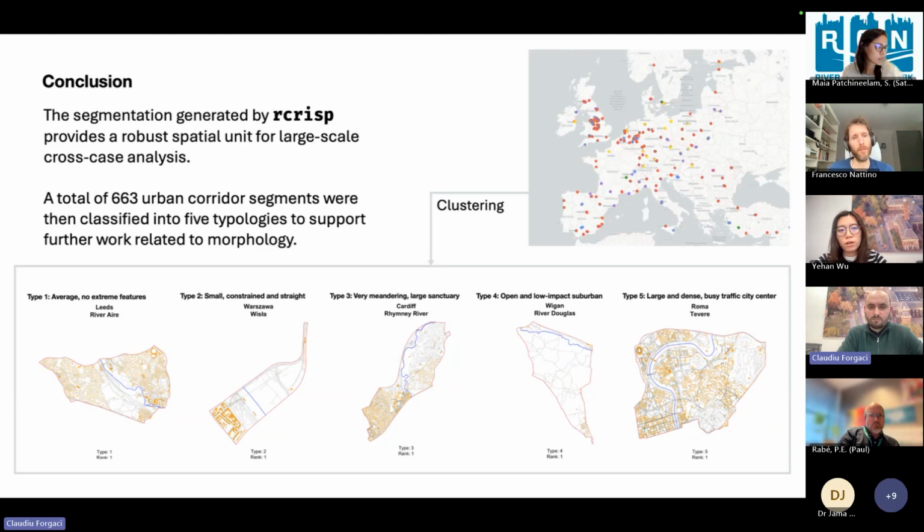So the way that this use case works is to show that we can start from a large scale analysis across different regions, different countries, just using the code, and it's quite fast, done in a short time. Based on that, it provides a robust spatial unit for the analysis, because before, as Claudiu said, sometimes the river was just on the boundary and we want to focus on the middle.